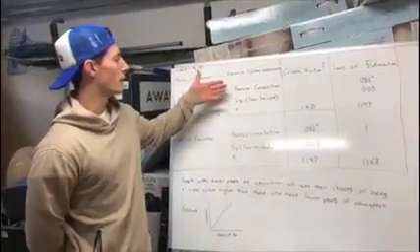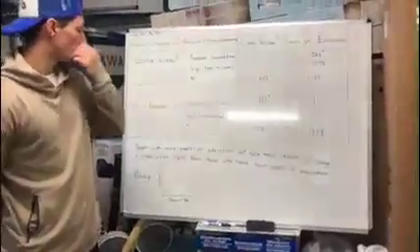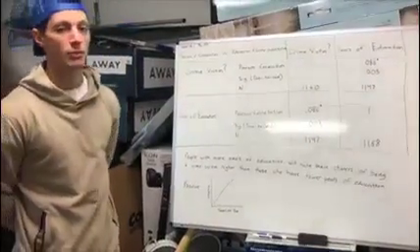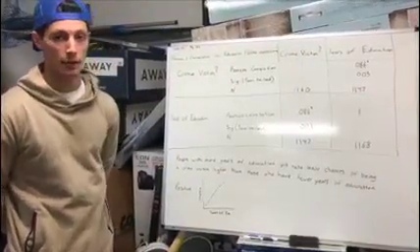So we can take a look over here. What we're given, we have Pearson's correlation, which is our R, which is stating that our R is 0.086, which shows that we do have a positive correlation.